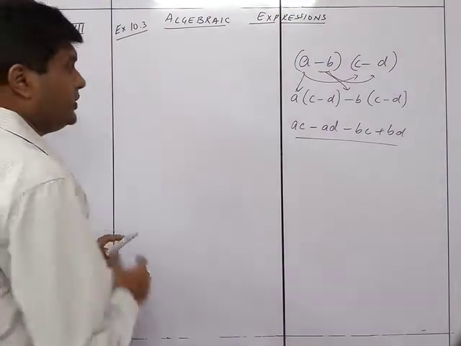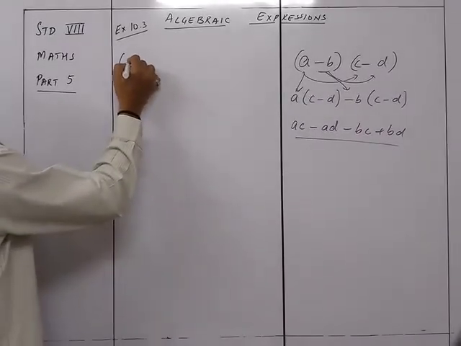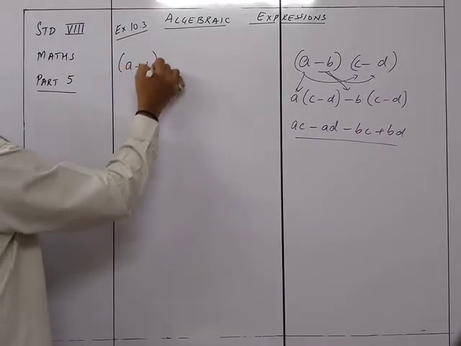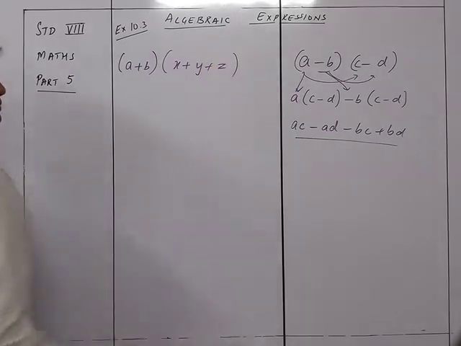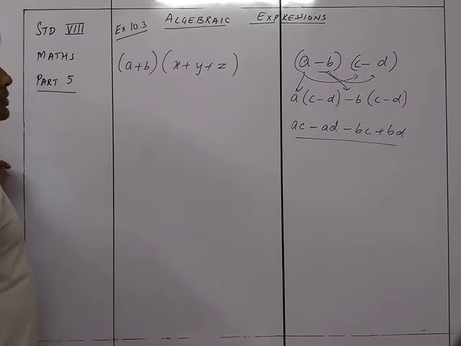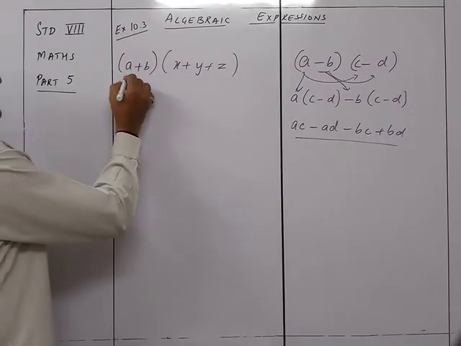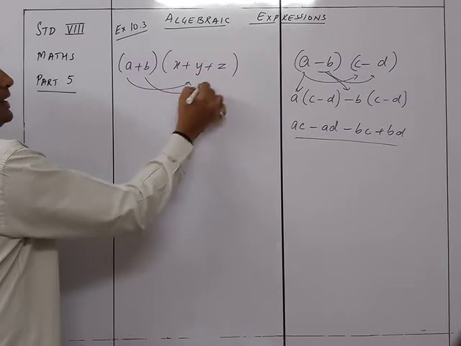So let's consider you have got A plus B multiplied by X plus Y plus Z. So again we are going to do the same thing. A multiplied by the whole bracket and B multiplied by the whole bracket.